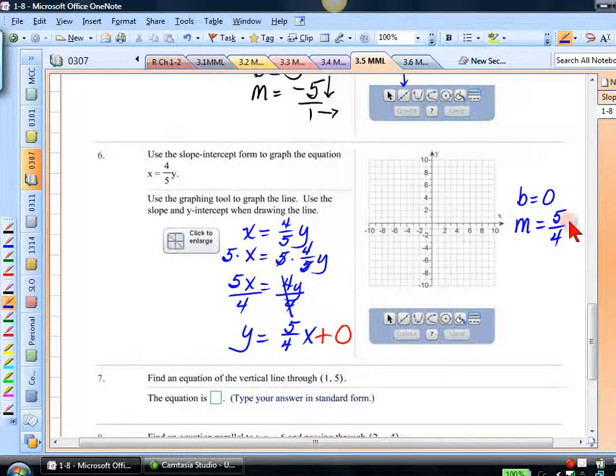And if you could see any of that, it's up 5 and right 4. Okay, so if I plot those, I begin at 0, and I move up 5 and right 4 and get a point. It goes through the origin. And there's my line.